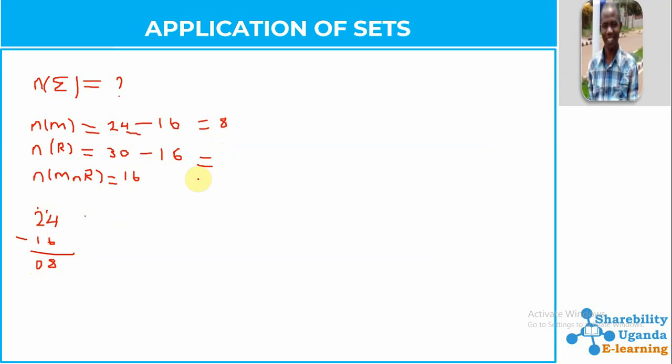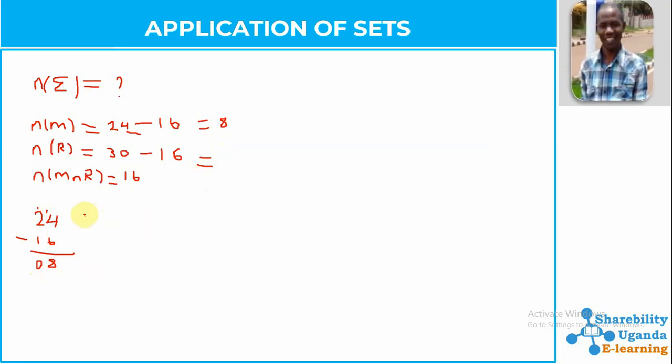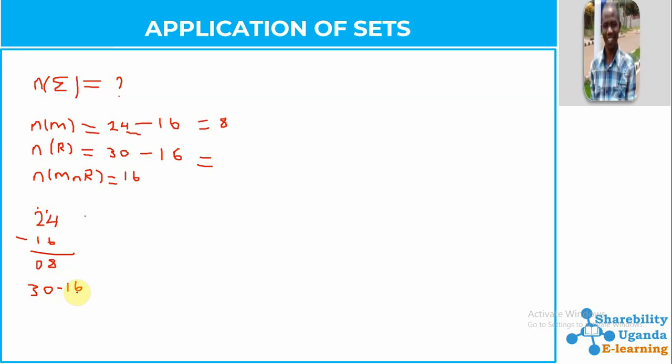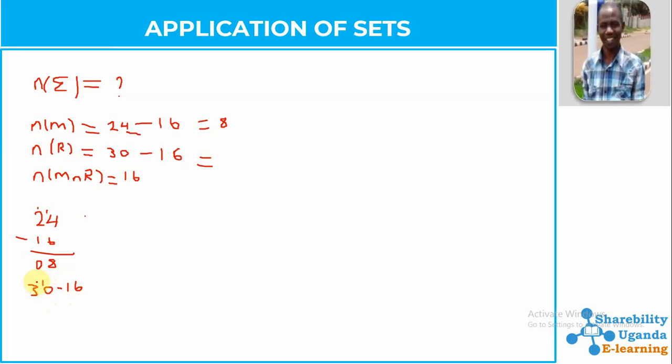Then also we subtract 16 from our 30. We borrow 1 from here, this becomes 10, and this becomes 2.